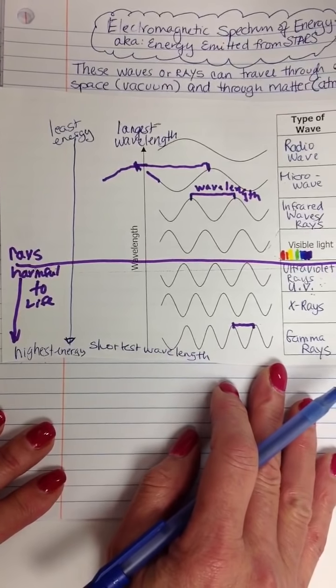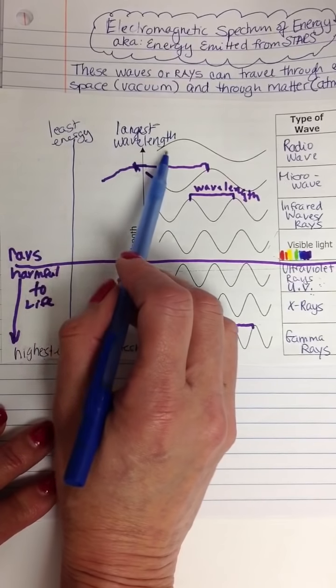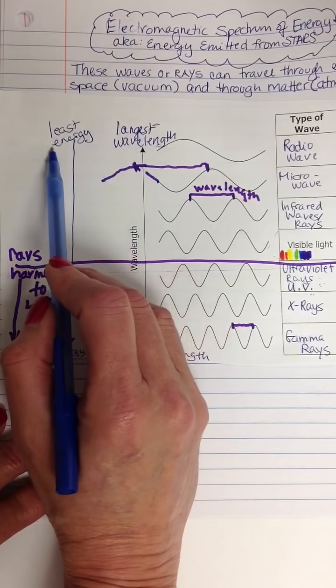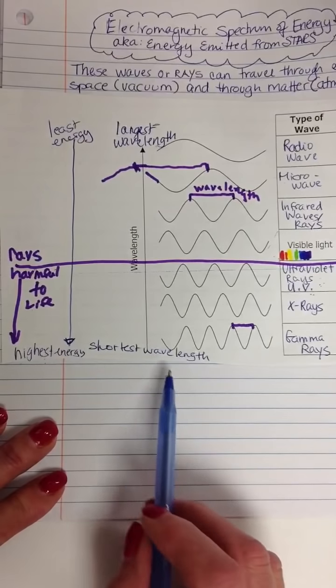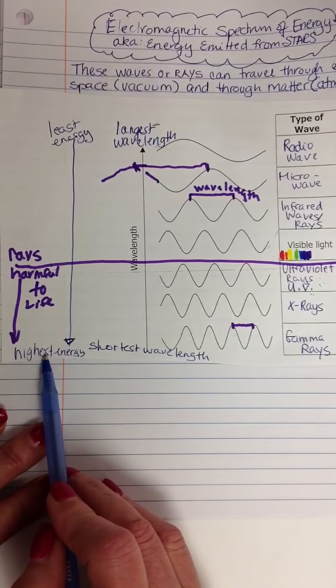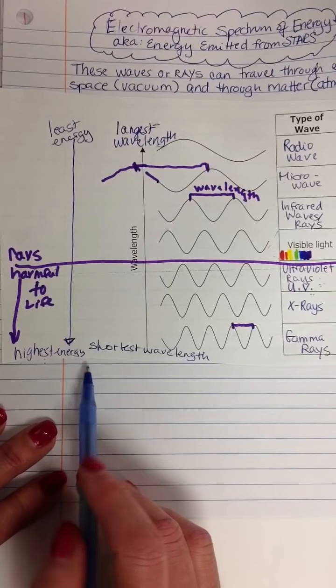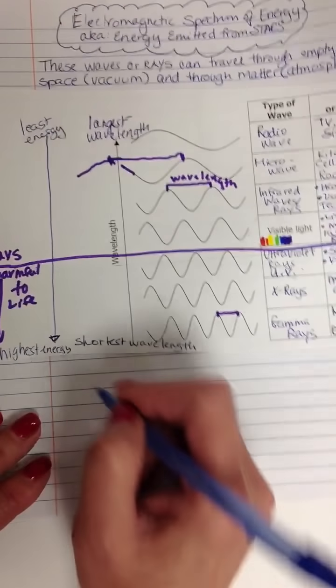So what is the relationship between wavelength and energy? Well, the longer the wavelength, the least amount of energy. The shorter the wavelength, the higher amount of energy. The higher the energy, the more harmful to life. Okay? So let's note that down here.